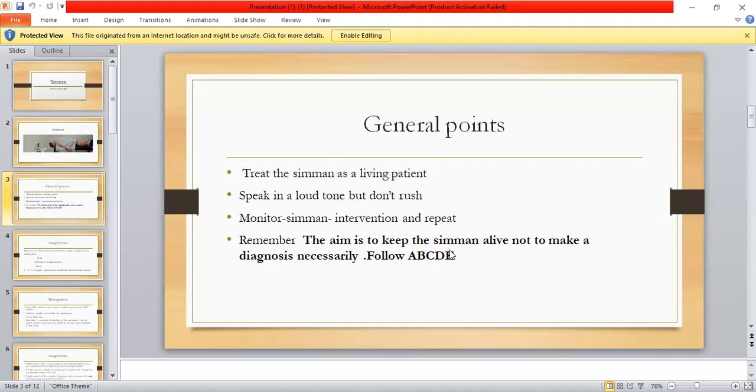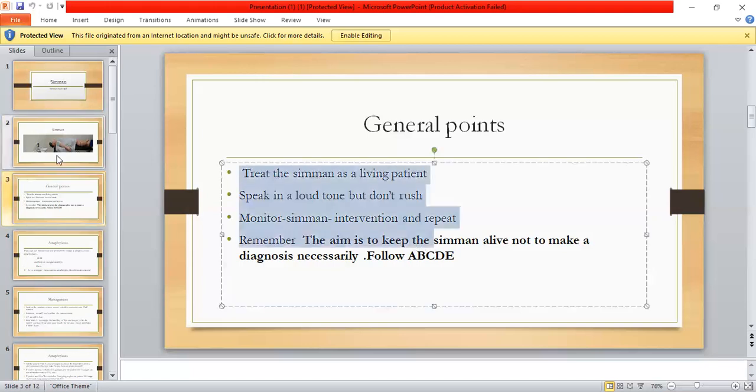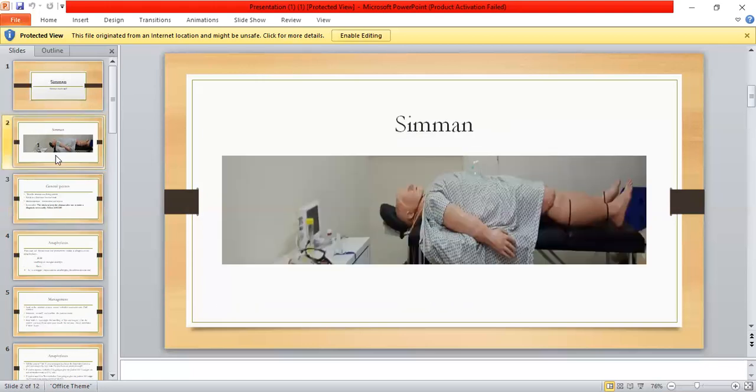Okay, so you need to verbalize and state for the examiner that I'm going to give my patient 100% oxygen with a non-rebreather mask at 15 liters per minute. Okay, and then you move towards the patient, you pick the mask from the medicine cart. So there will be a medicine cart here. You'll pick the mask from the medicine cart and you'll put it around the patient's nose and mouth. Okay, so you are done with the airway part here.